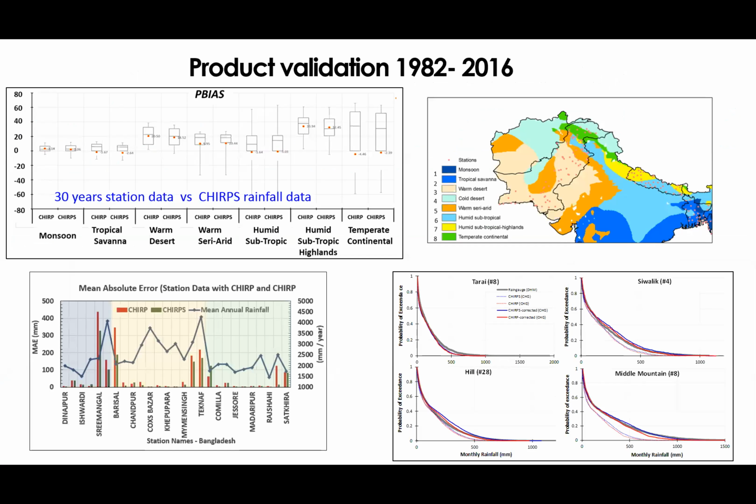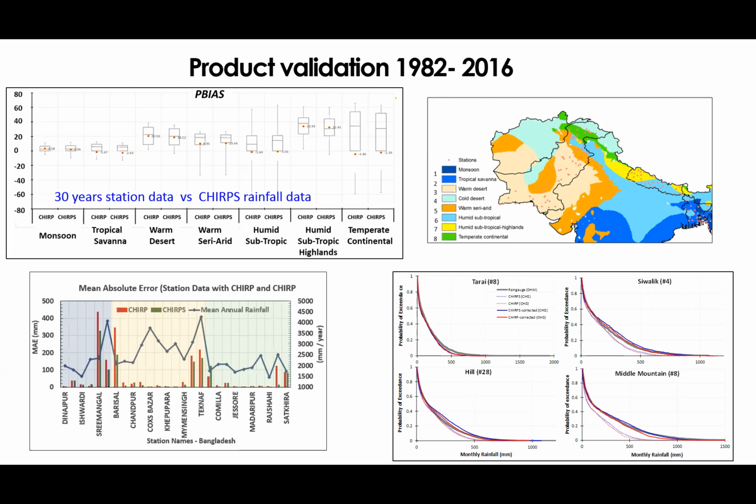For example, in the case of precipitation, we have chosen CHIRPS. CHIRPS is a precipitation data set which has a historic time series of 30 years, and it is available at 5 kilometer resolution.